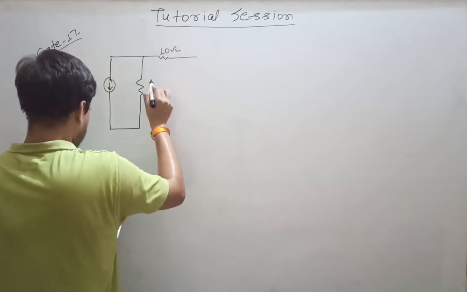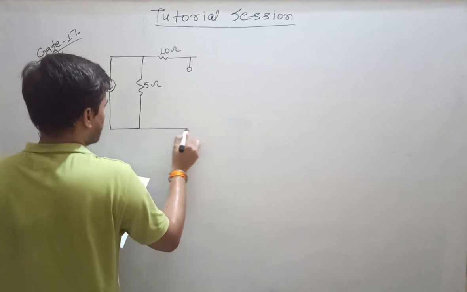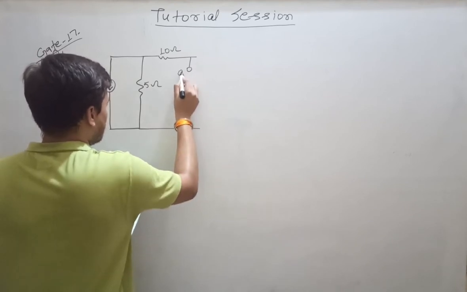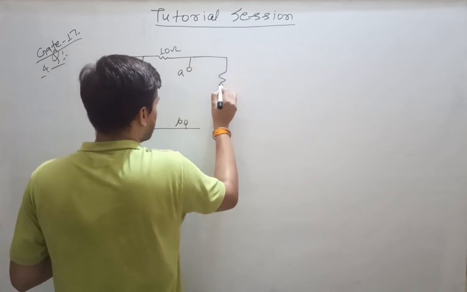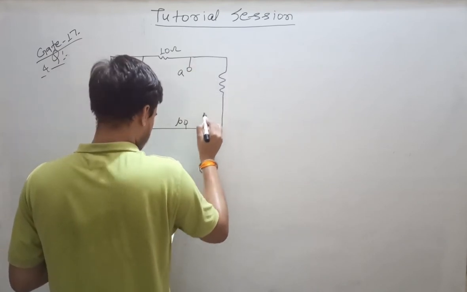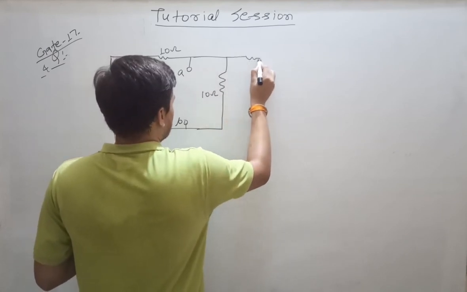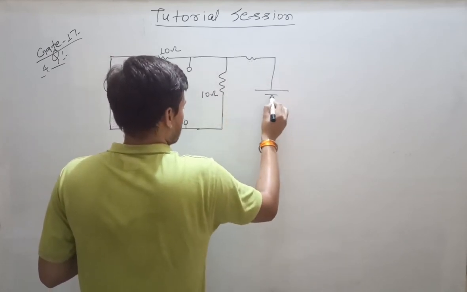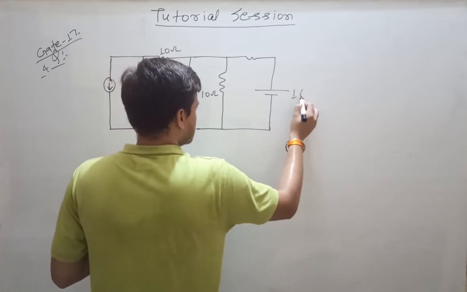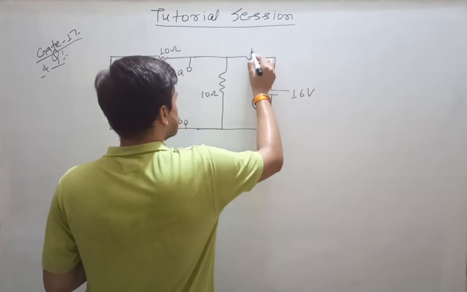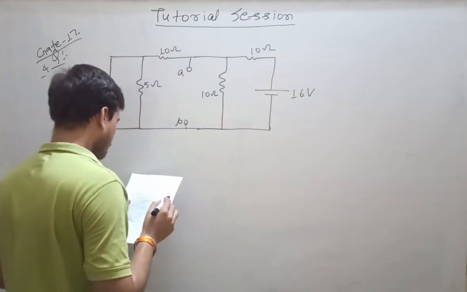10 ohm, 5 ohm, A, B, 10 ohm, this is 16 volt, this is 10 ohm, this is 10 ohm, 5.